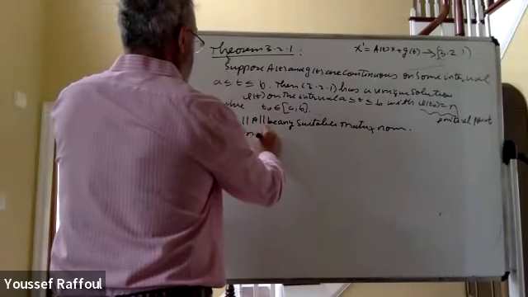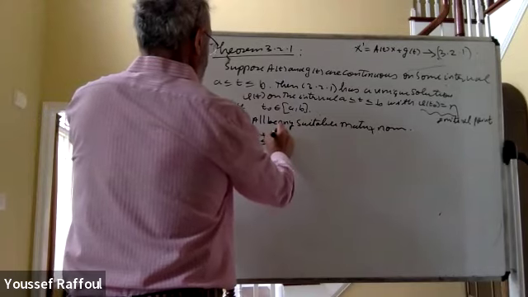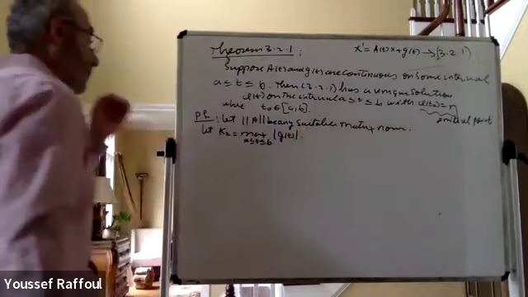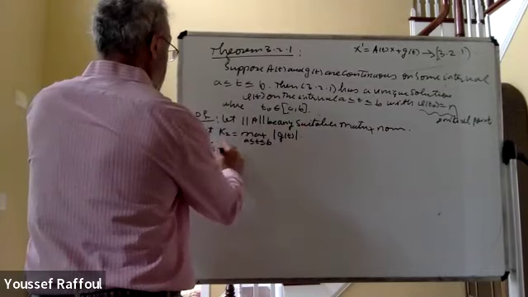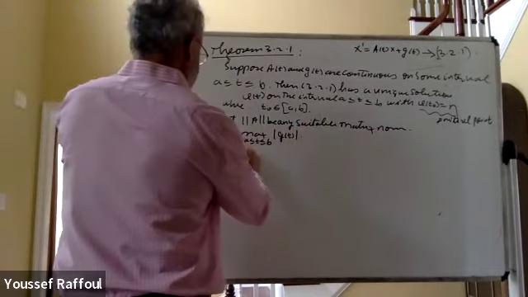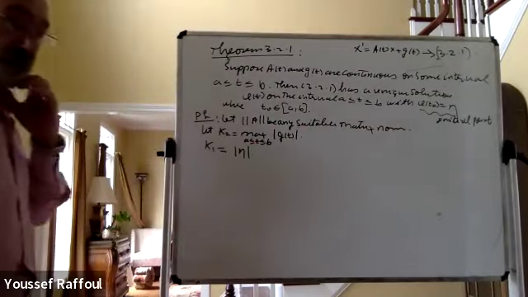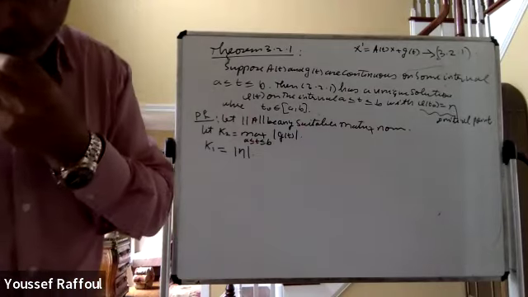K2 is the max over a less or equal to t less or equal to b of ||g(t)||.